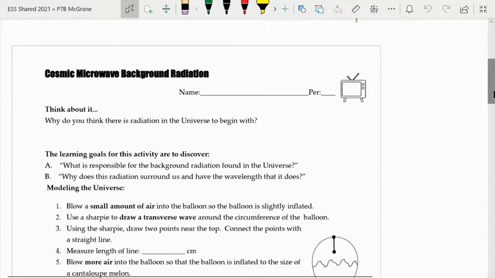Right. So the first thing we're going to talk about is why do we think that there's radiation in the universe to begin with?